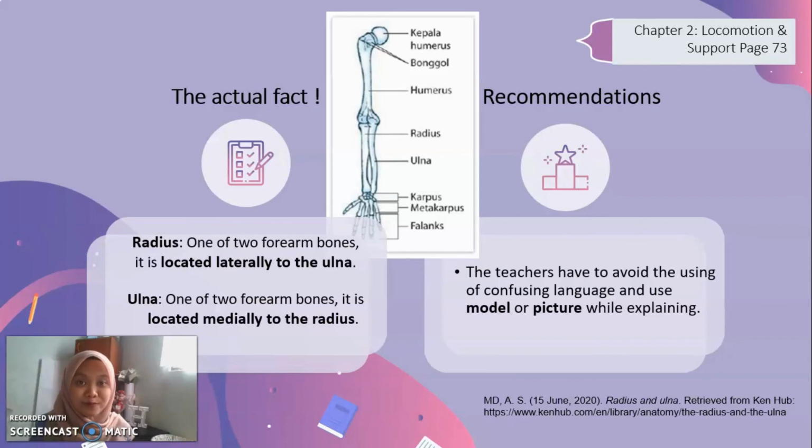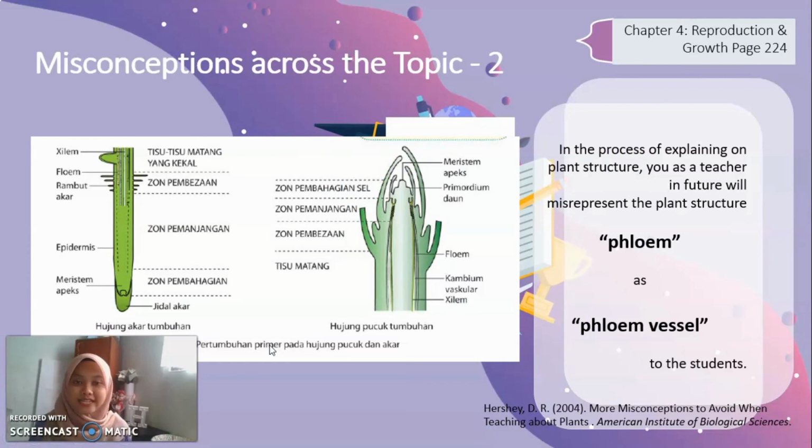Let me move to the second misconception in this textbook, in Chapter 4, Reproduction and Growth, page 224. This chapter explains the growth of the shoot and the root of a plant. In explaining this, the teachers will also explain about the phloem.